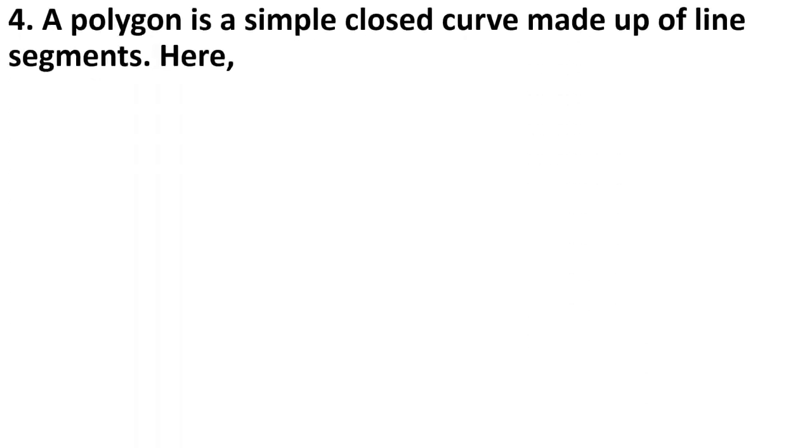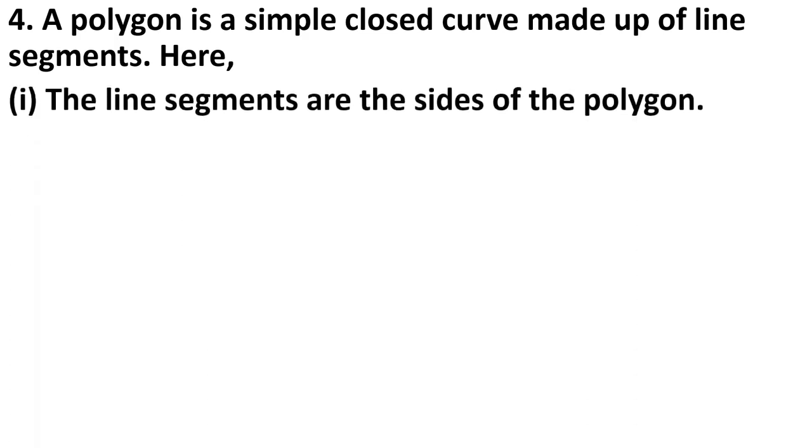Then polygon. A polygon is a simple closed curve made up of only line segments. The line segments are the sides of the polygon.